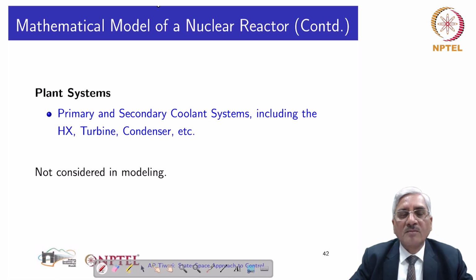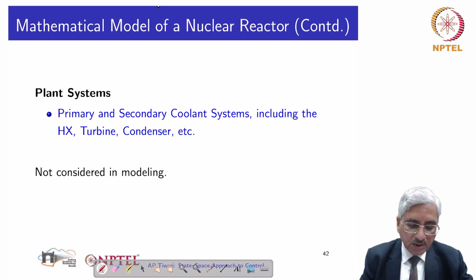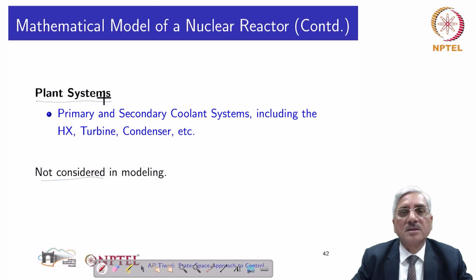Even in the actual work on nuclear reactors, a control engineer doesn't do modeling of those plant systems. It is assumed that the interaction between plant systems and reactor core is such that the impact of dynamics of plant systems on the core side will be small, and similarly the impact of core side dynamics on plant systems will be small. So they are treated in decoupled fashion, and we do the same. We do not consider the plant systems.